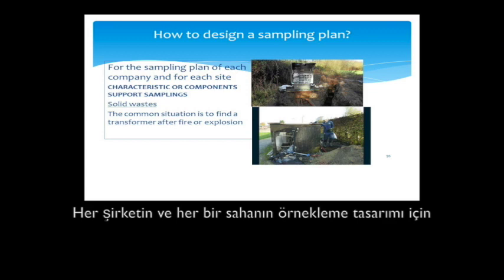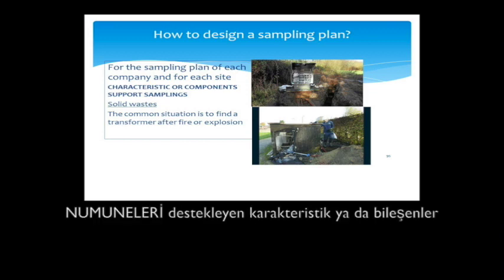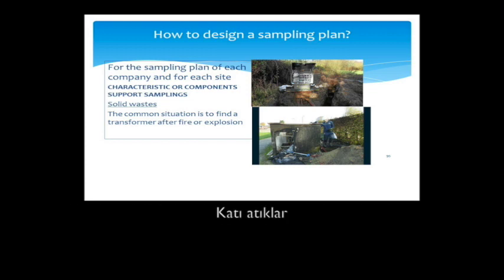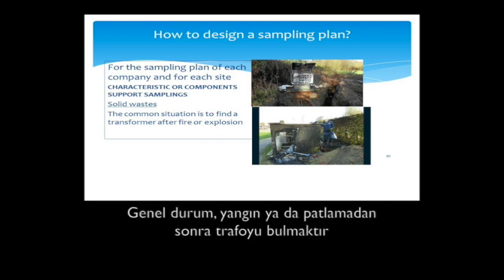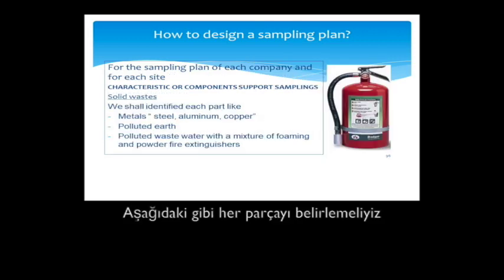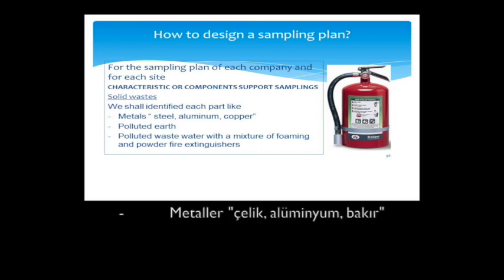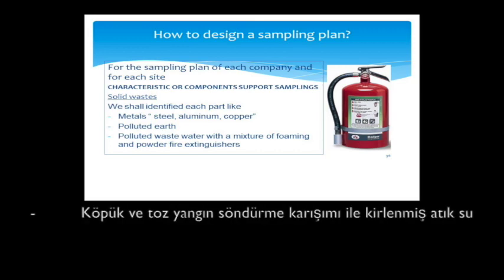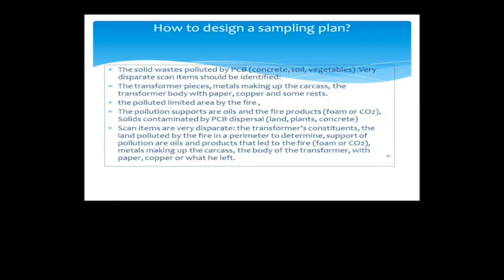For the sampling plan of each company and each site, the characteristic and common sampling supports include solid waste. The common situation is to find a transformer after a fire or explosion. We should identify each part, like metal, steel, aluminum, copper, and polluted wastewater with a mixture of foam and fire extinguisher.